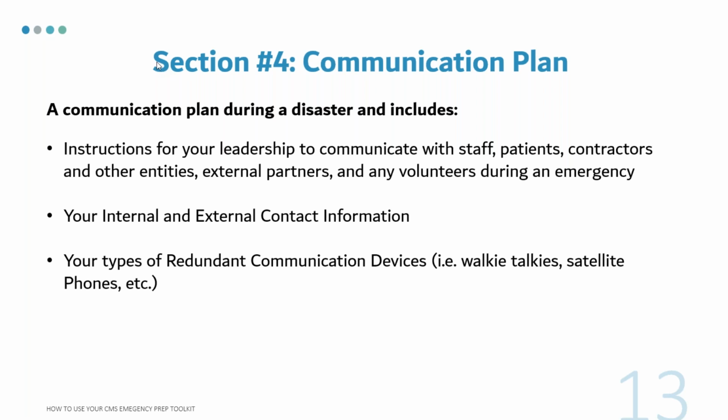So you really need to determine what works best in your community. If you're in a super mountainous area, you might need a satellite phone. In other areas, walkie-talkies work great. That's a whole other discussion, but this is where you plan that and document it in section 4.